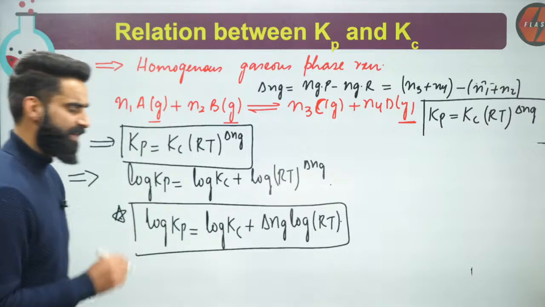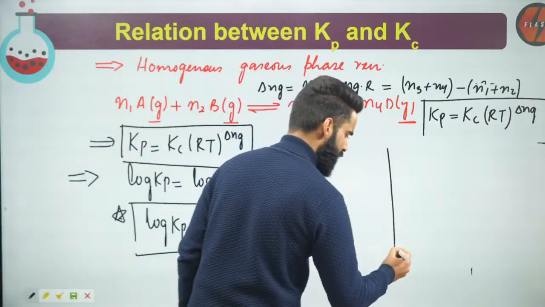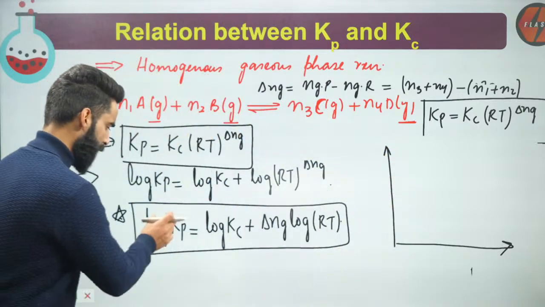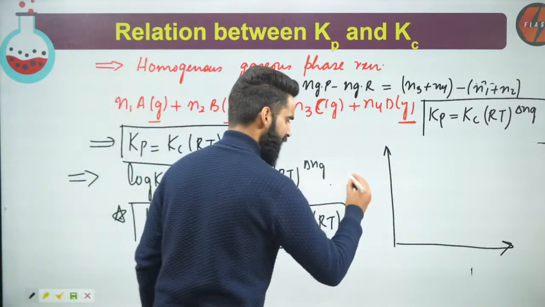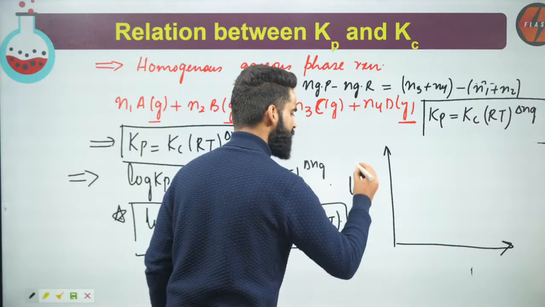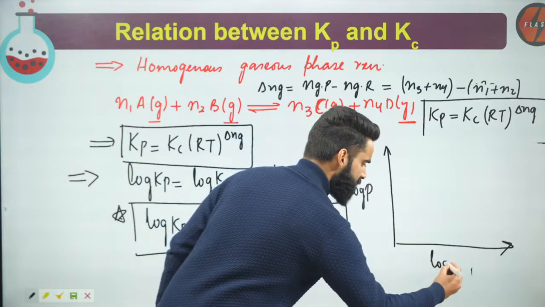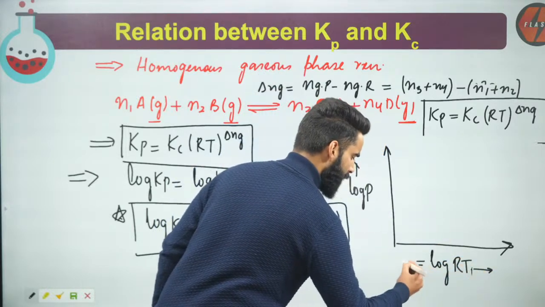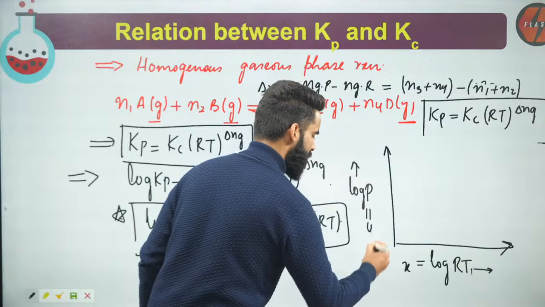Yes. Now people, first thing which I would like to share with you right here, if I plot a curve between log Kp versus log RT, what do you think will be the nature of the curve? I'm plotting log of RT along the x-axis, and log of Kp along the y-axis.